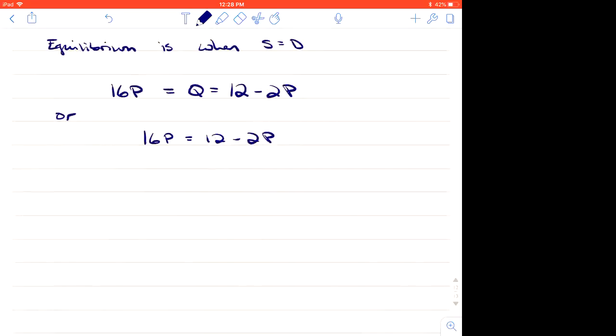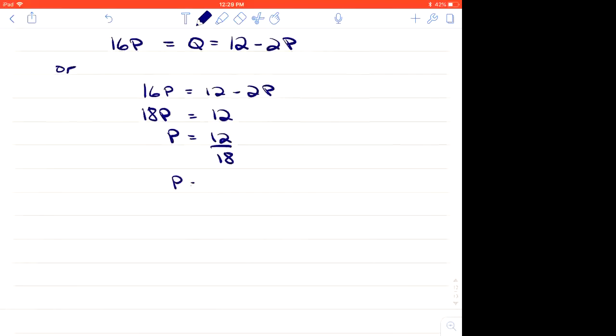Solving for p, we can move the 2p over to the left-hand side. So now we have 18p, right? We have to add 2p to both sides. It's 12. So p must be 12 over 18. P, remember, is a price.